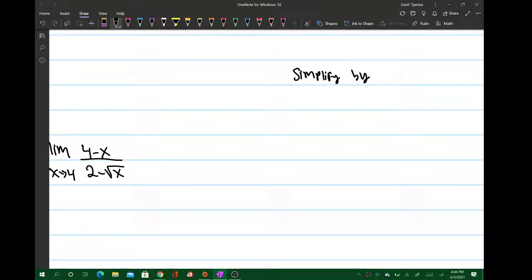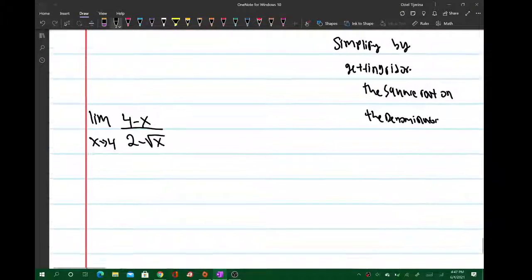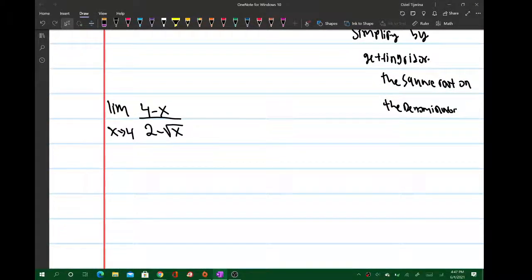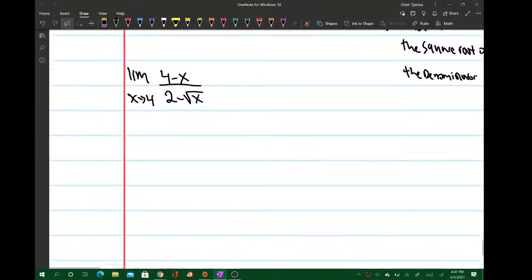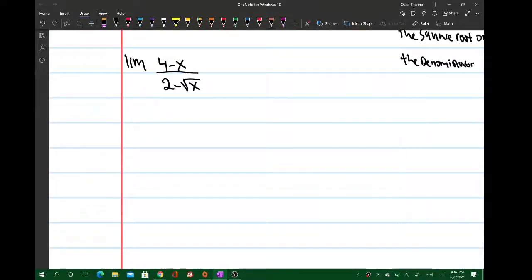Simplify by getting rid of the square root on the denominator. Sometimes, like I said, it's always good to first do direct substitution. That's always your number one thing.